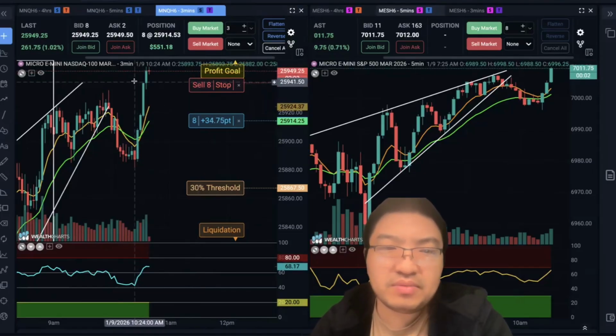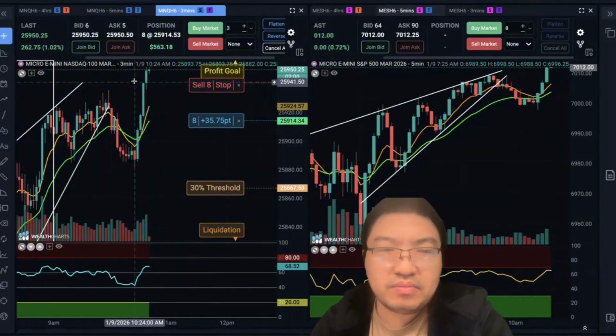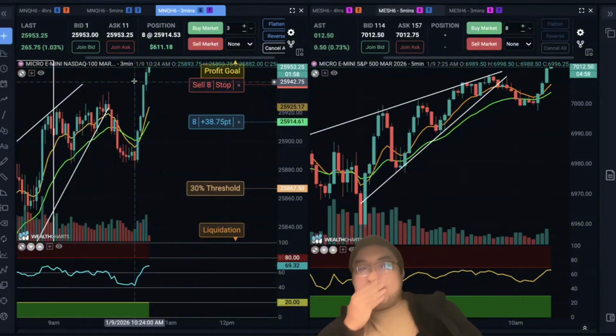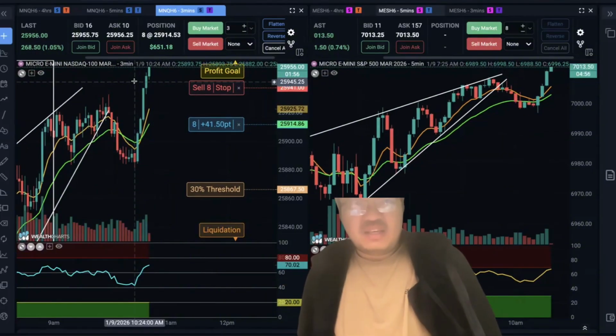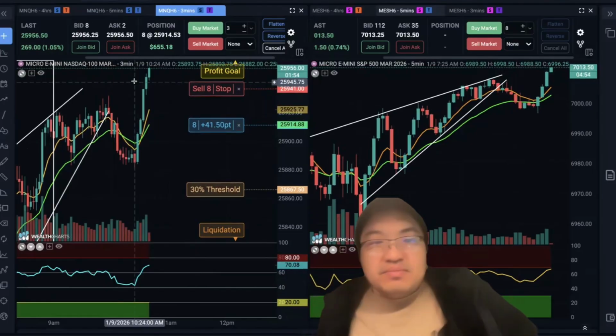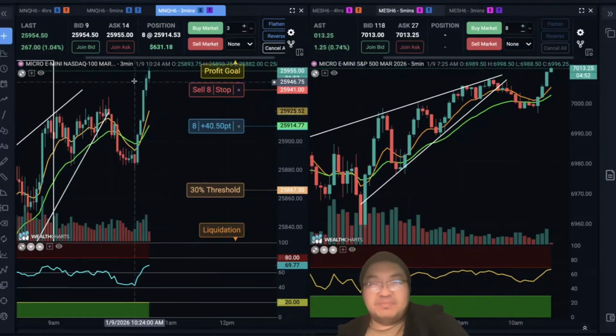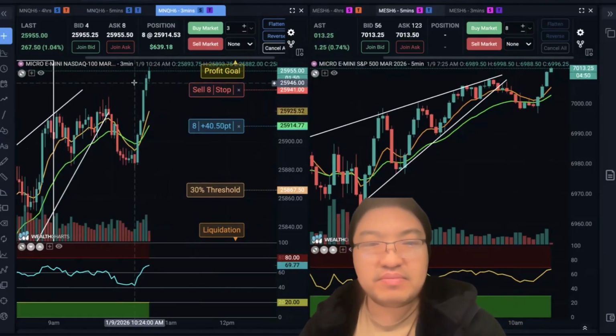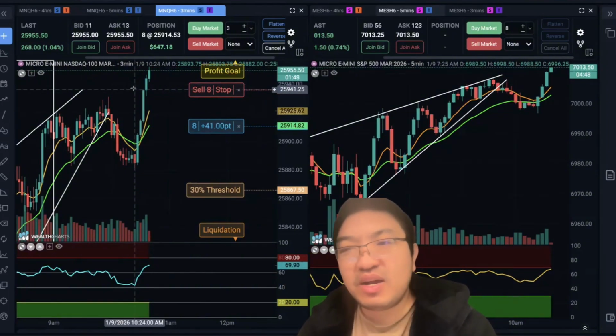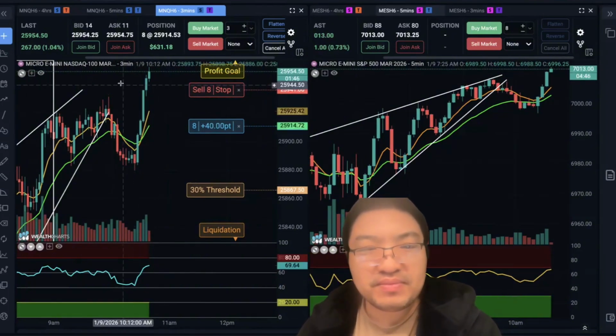Or maybe here. If it shows engulfing, I will quit. Okay, keep going up. That's great. What's going on? If I'm gonna rescue, I'm gonna blow my account again.